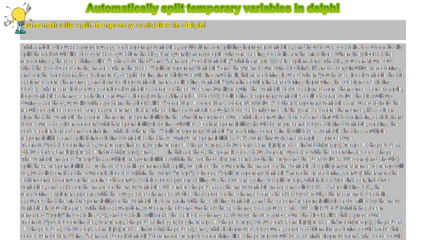Choose Split Temporary Variable from the Refactoring menu, either from the Editor context menu or the main Edit menu. A dialog box appears telling us that we are going to split temp, which is of type integer, into two variables, and asks for the name of the new variable.